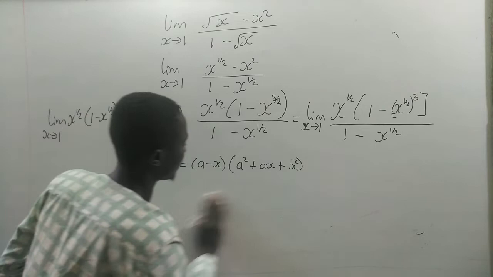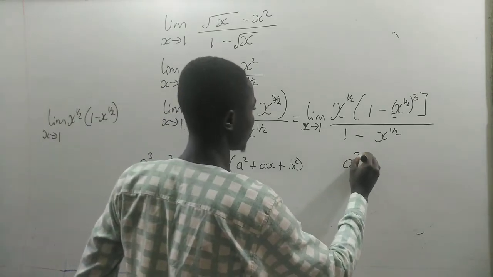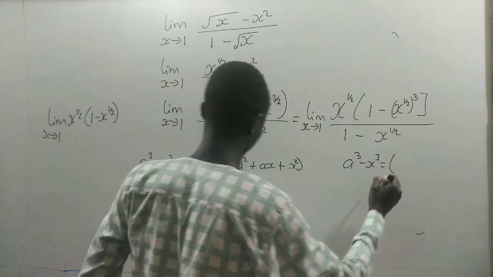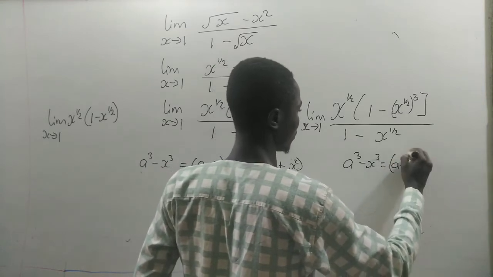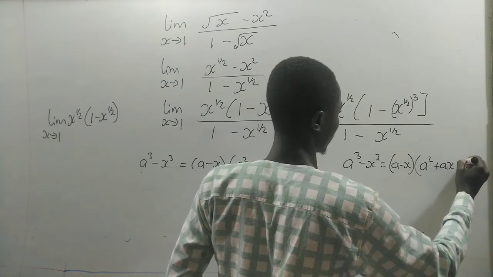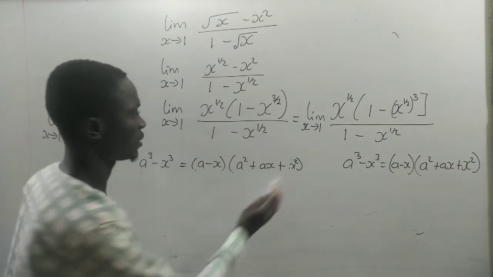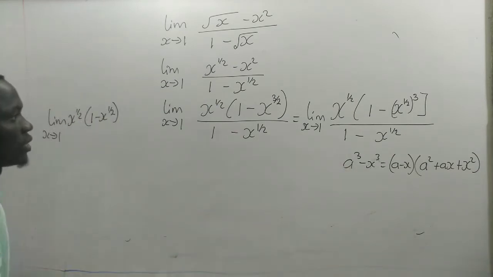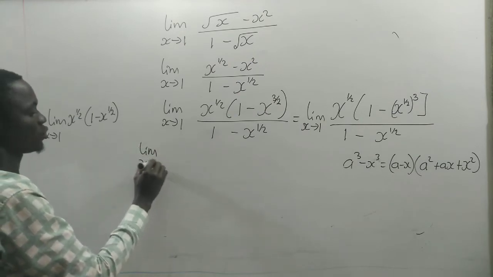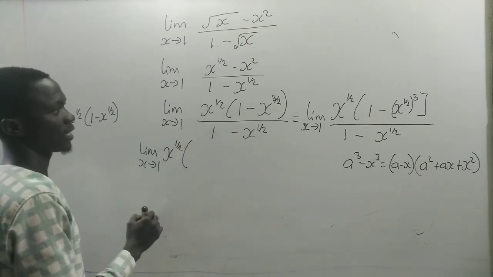I think once I've had the formula, let me write it here. So I think we can use that here. So let's do this. This one will become the limit as x approaches 1, x to the power half into bracket.